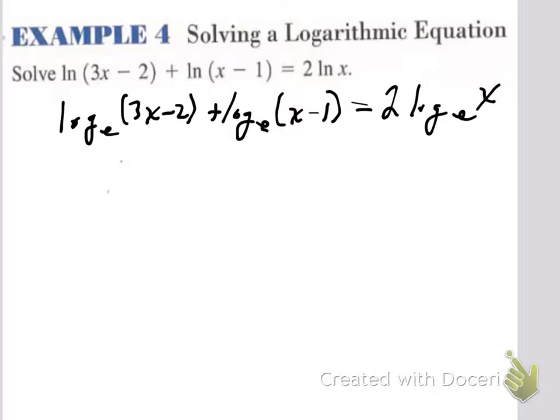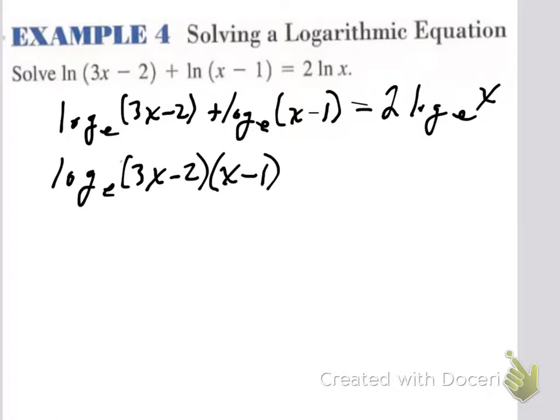I rewrote that so I can use the product rule. So I'm going to condense the left side: log base e of 3x minus 2, times x minus 1. Go back to less than 3.4 if you're not getting that step. And then this is going to equal 2 times log base e of x.